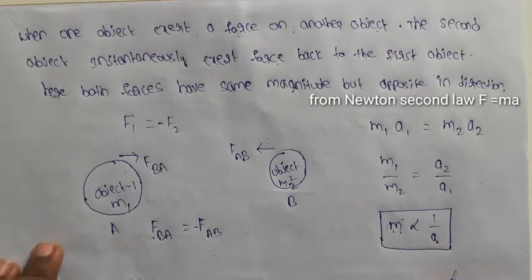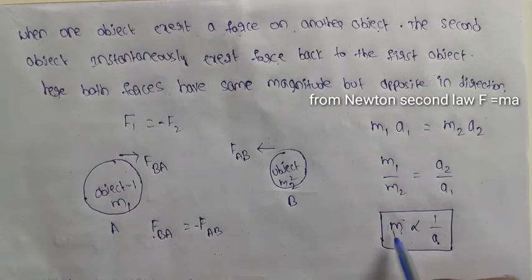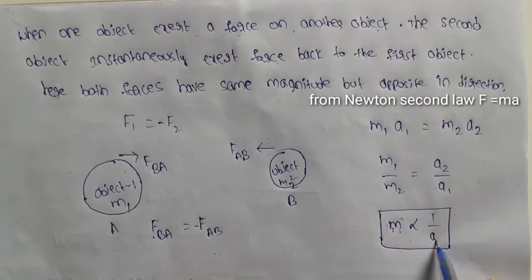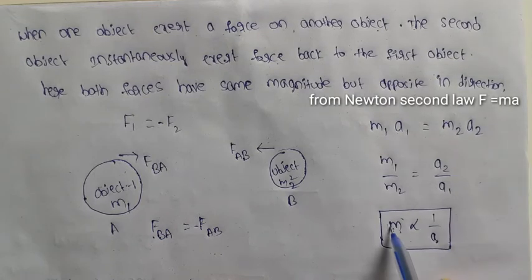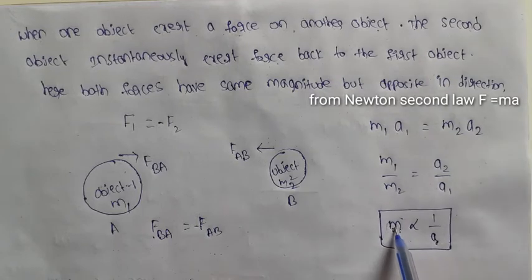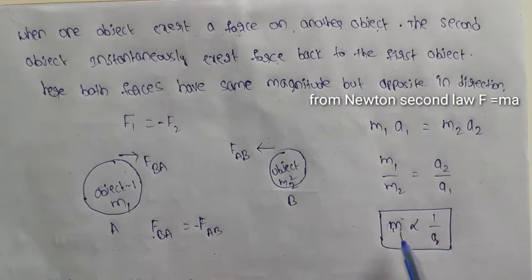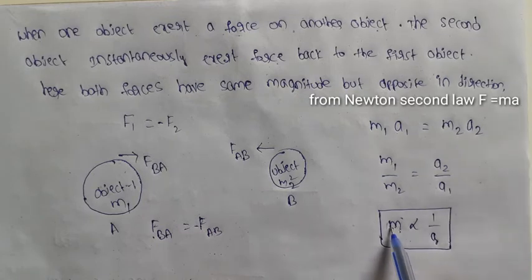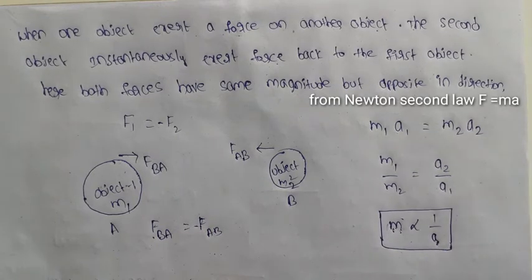If you observe a car and a lorry, the car's mass is very low, so it produces very high acceleration. The lorry's mass is very high, so it produces very low acceleration.